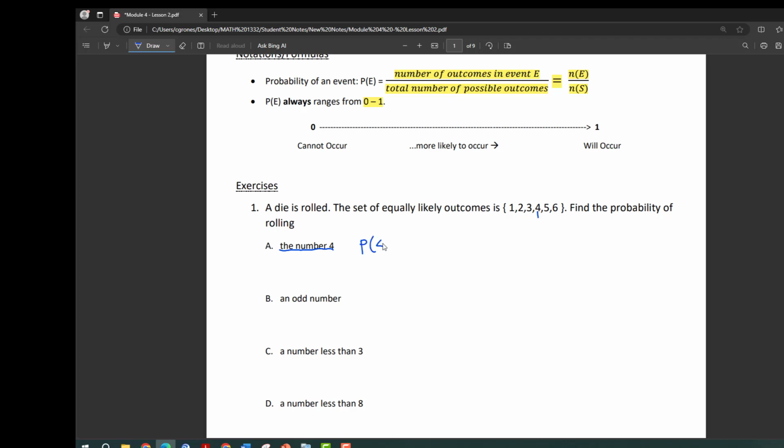So the probability of getting a number 4 equals the number of outcomes of a 4 divided by the total number of outcomes. So our total number of outcomes is going to be 6, because we have 6 numbers that we can roll from that dice. There's only one 4. So our probability would be 1 over 6, or 1 out of 6.